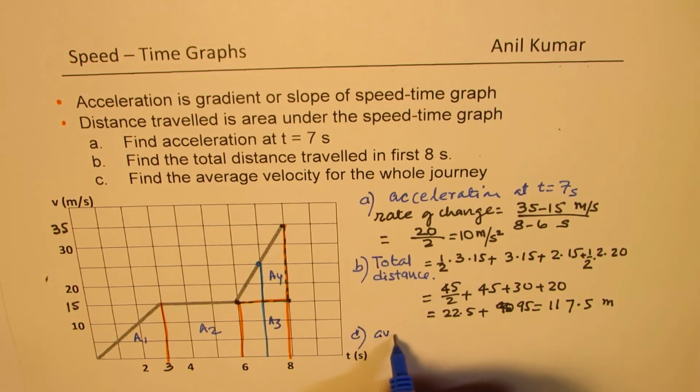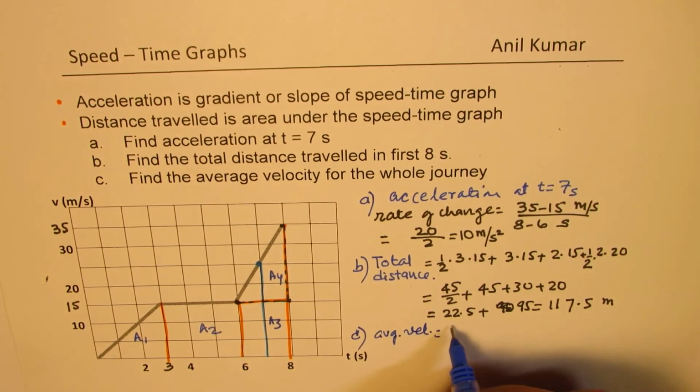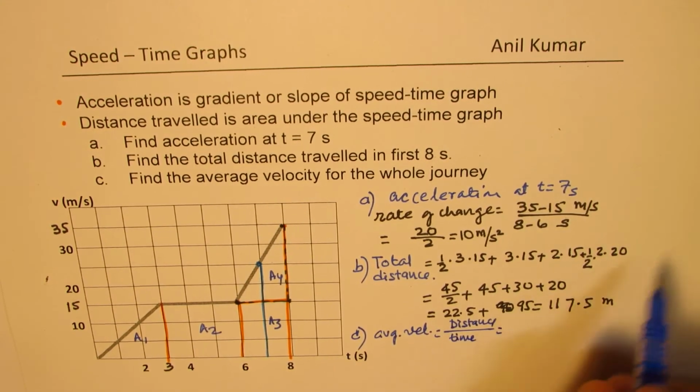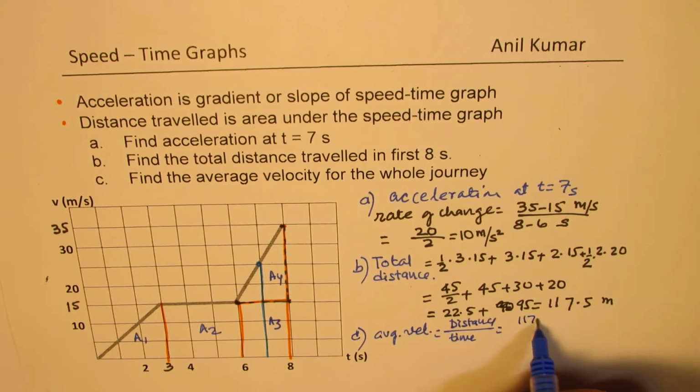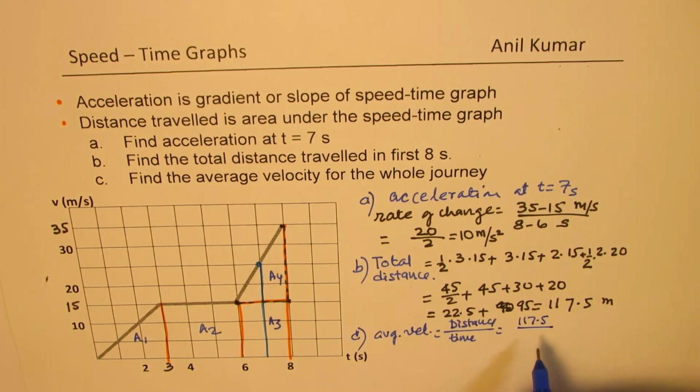Now average velocity is ratio of distance over time, correct? In this case, the total distance was measured as 117.5, and we'll divide this by the time taken, which is 8.